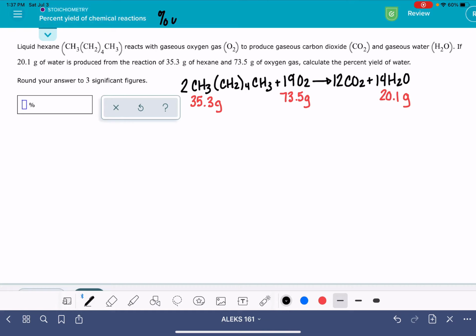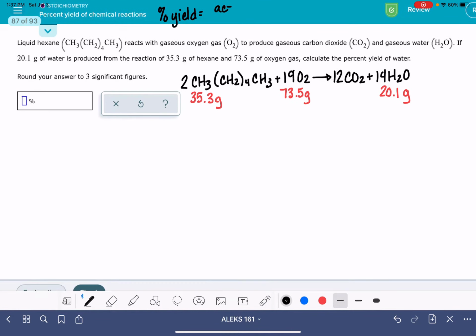The percent yield is calculated from the equation: take the actual yield, divide it by the theoretical yield, and then multiply that number by 100.